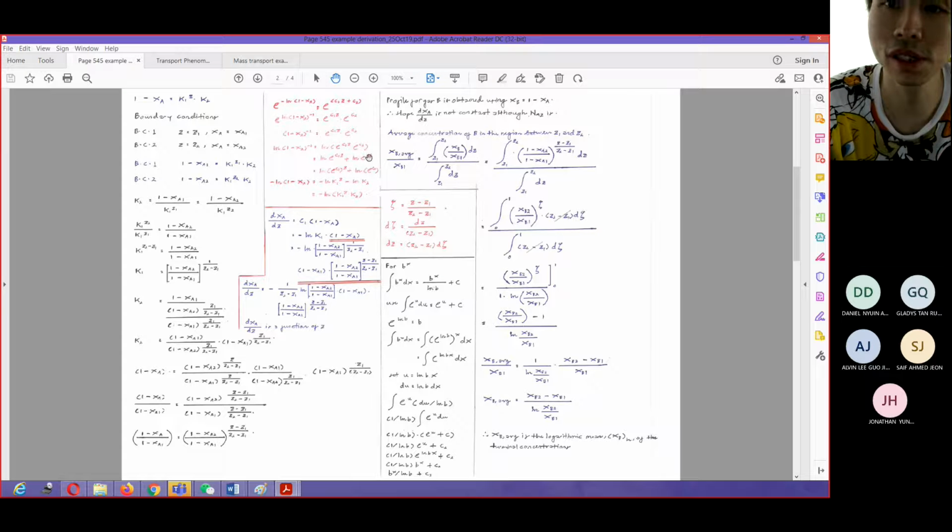If you follow these derivations, then you will basically get the same thing in here, that 1 minus xA is equal to K1 raised to z multiplied by K2. So in engineering and in science, I think we only have one exact answer, but there are many ways to get the exact answer.